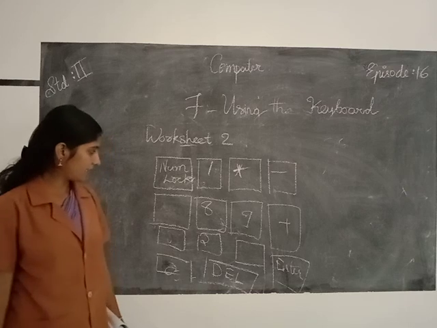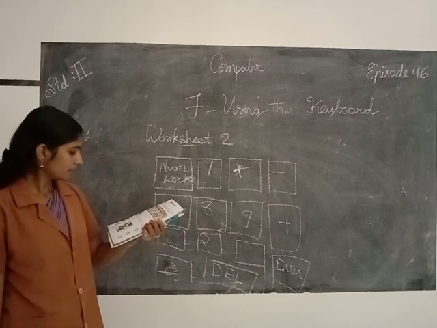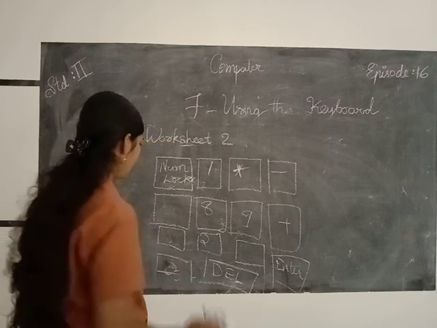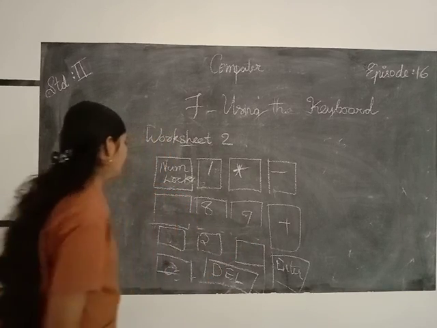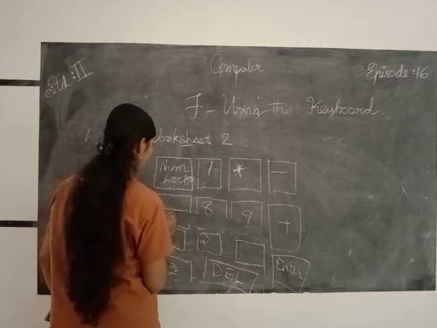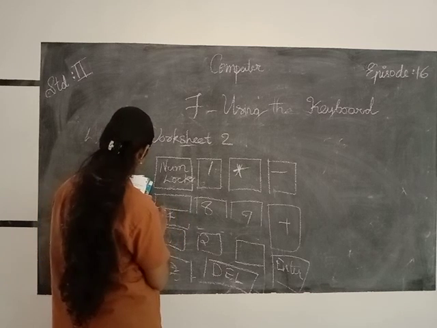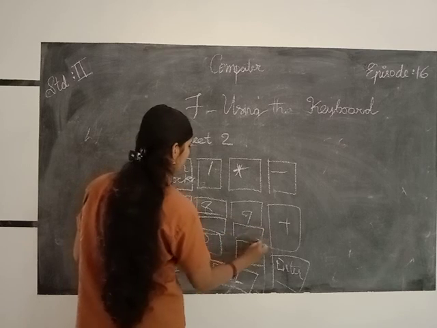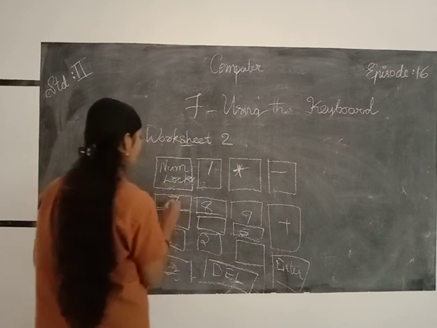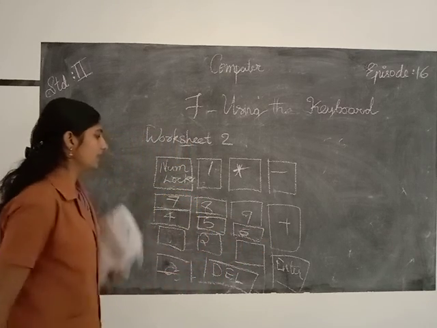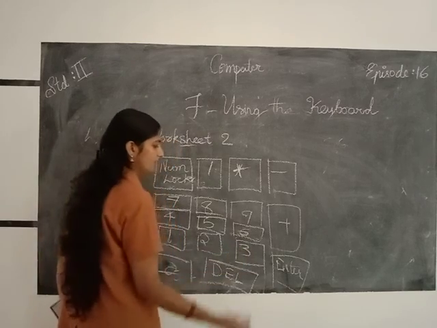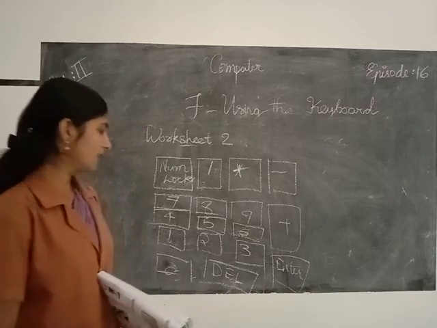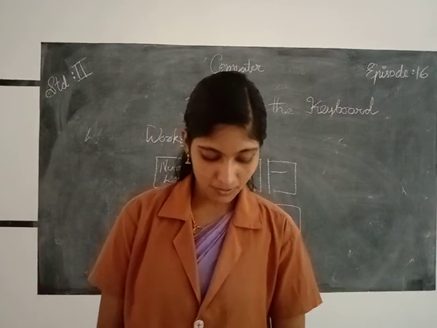So 6, 7, 8, 9. Sorry, there is a mistake. So here is a 7 and this is 5. Then 1, 3. Okay, all complete? Yes. This is worksheet number 2.